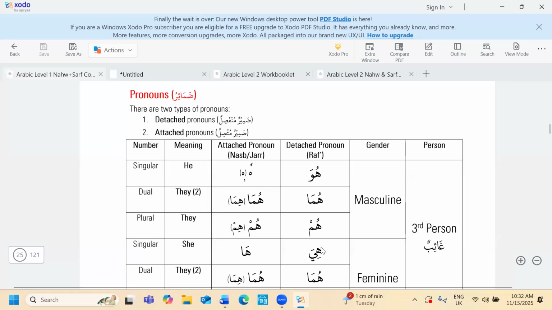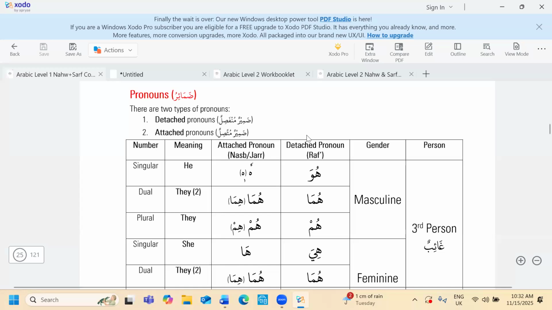Whenever you come across a singular feminine word like hiya, or allati that we did last time, the ism mawsul, know that they can also have the plural meaning when referring to an irrational plural. That's a bit extra at the moment.